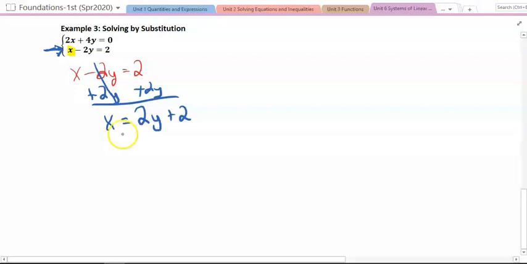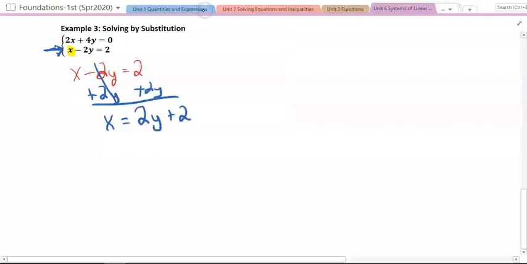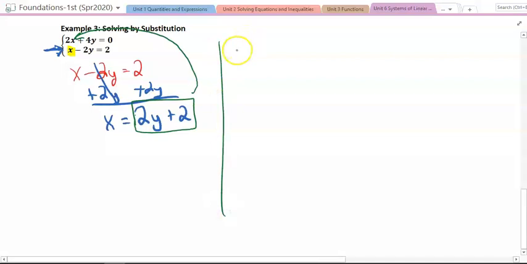Okay, so now I've got this set equal to x. I'm going to take this, and I've got to plug this into the other equation. I solved the second equation for x, so this must go into the first equation for x. And so what I'm going to get is this. We have the 2 that was in front of the x.